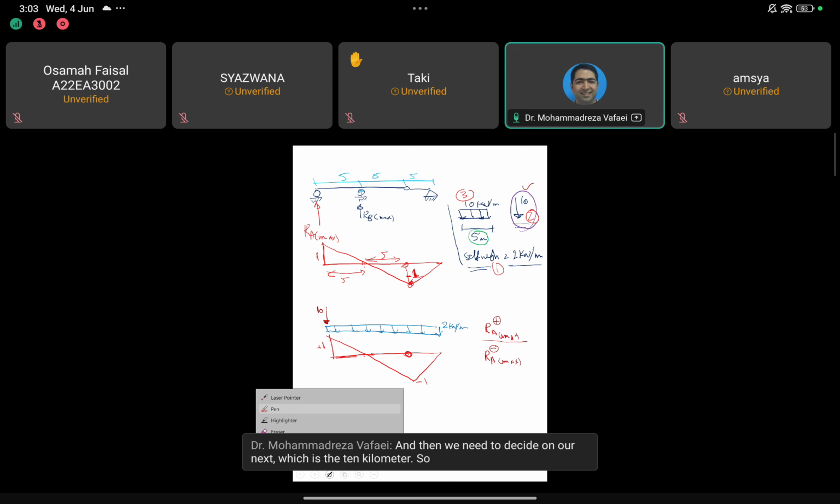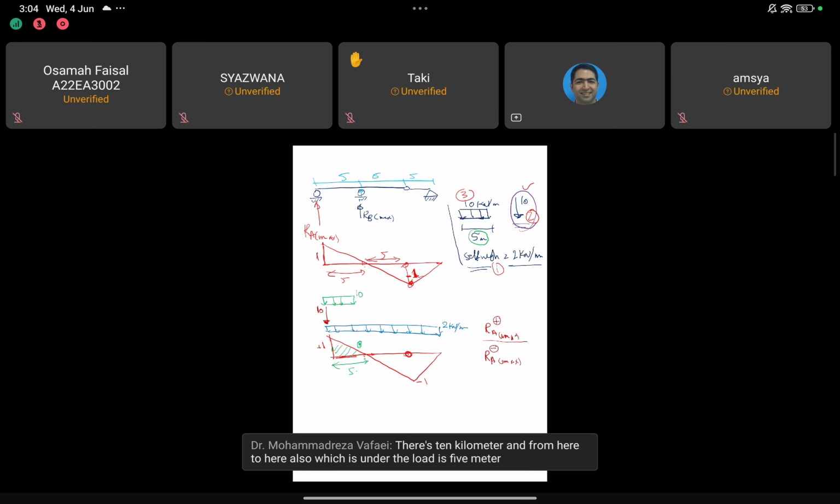For the 10 kilonewton also, if you are looking for the positive value, you should put it on the positive side of the graph, and this is exactly here. So we have here this 10 kilonewton. And from here to here, which is under the load, is 5 meter. So we need to calculate this area.